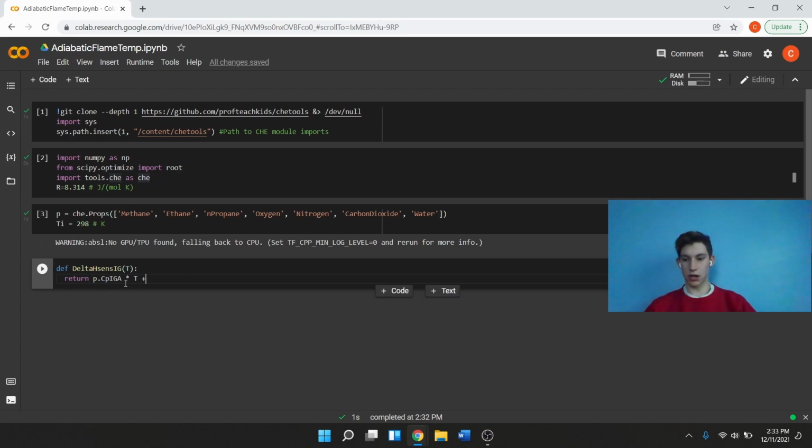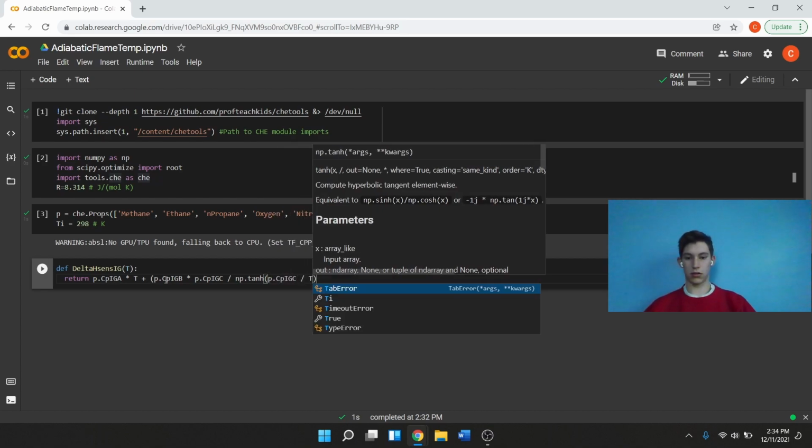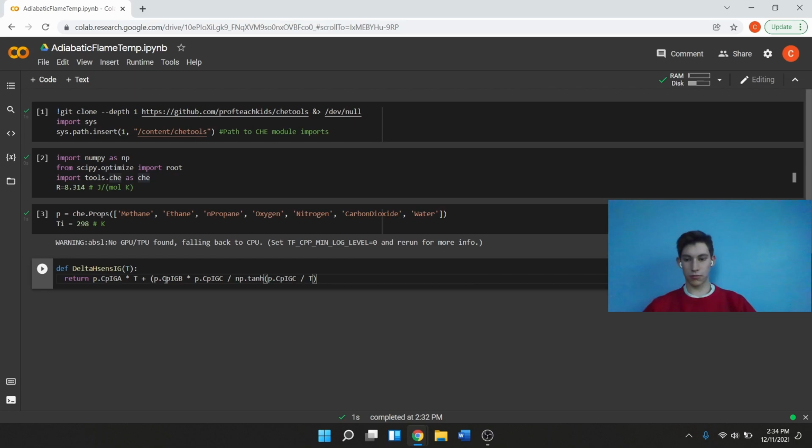So this is our A, and then I'm going to copy this because it's going to be used a lot. B times C, and then this right here is divided by the hyperbolic tangent of the C constant divided by the temperature.